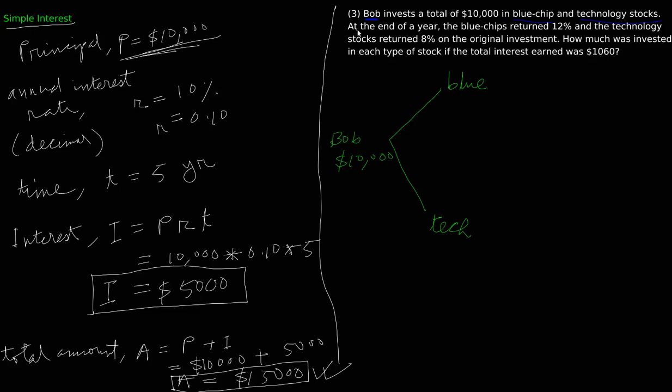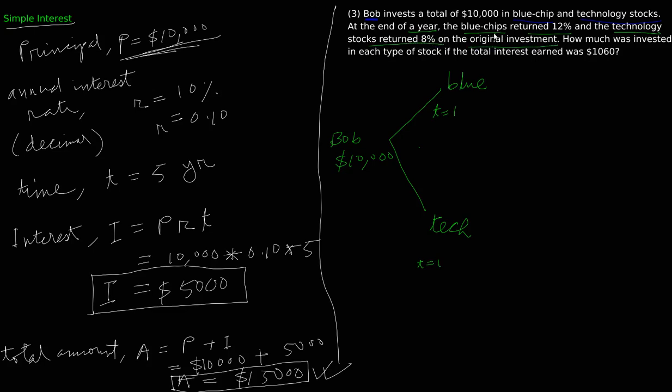At the end of a year means T is 1 year. The blue chip returns 12% and the technology stocks return 8% on the original investment.